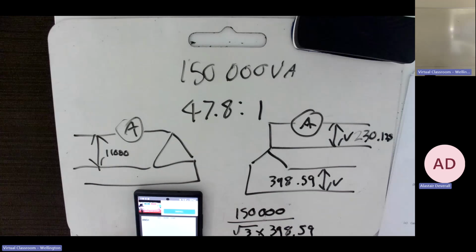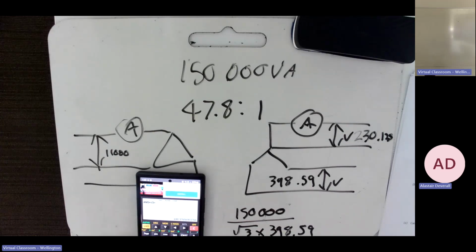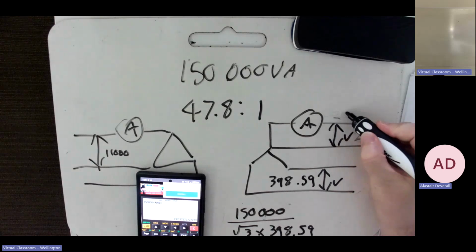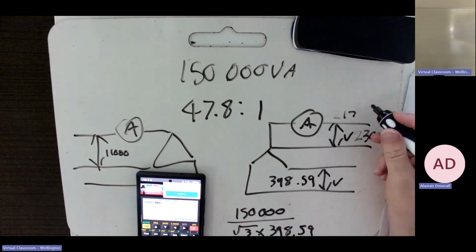We multiply this by the square root of 3 from our calculator, and then we get 150,000 divided by shift answer, and we will get 217.27 amps.